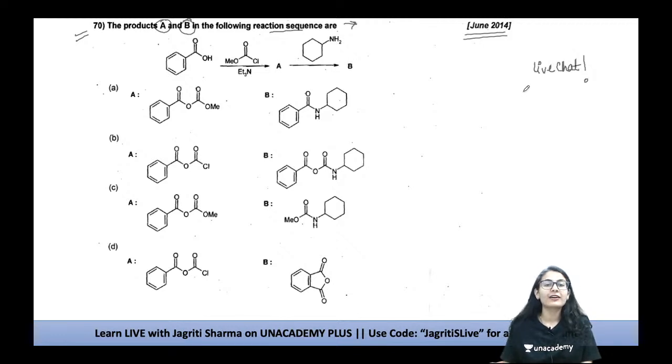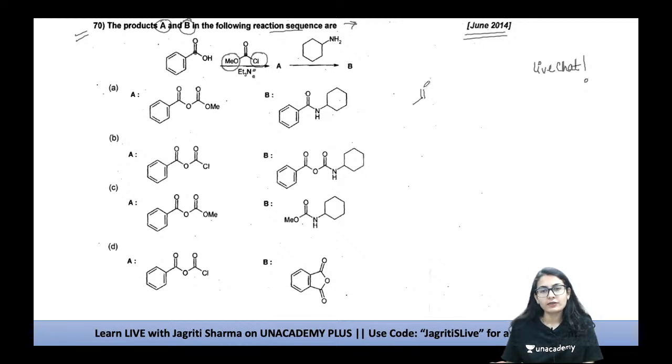Alright, very good. So what is this reaction first of all? Now we have triethylamine, and along with that we have carboxylic acid, and we have this molecule over here in which we are having two leaving groups. We have a methoxy leaving group and we have a chloride leaving group. Very well.